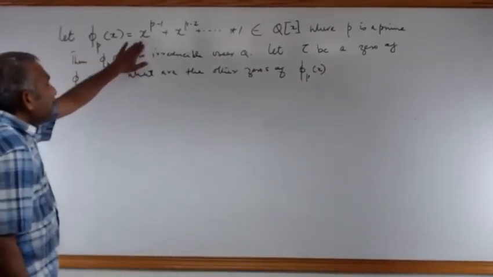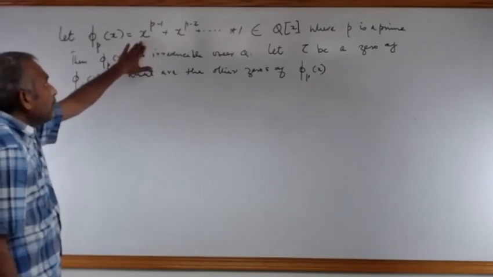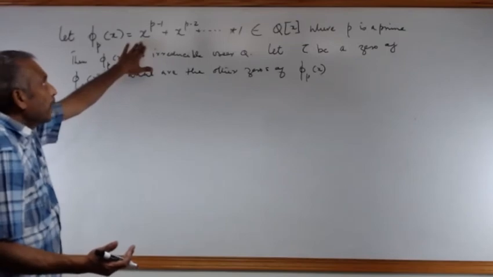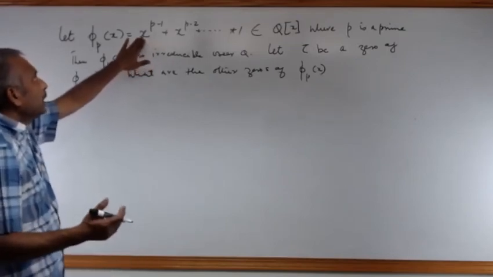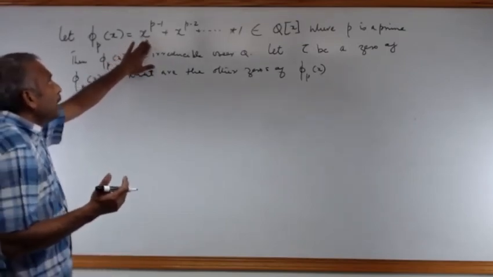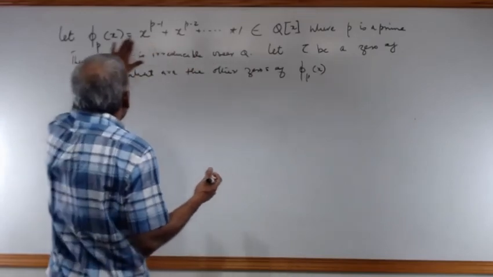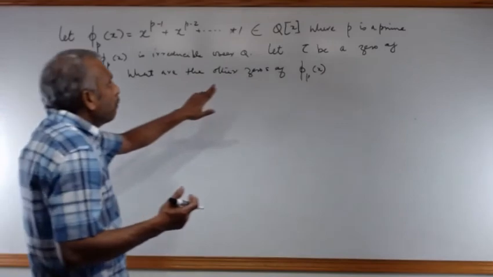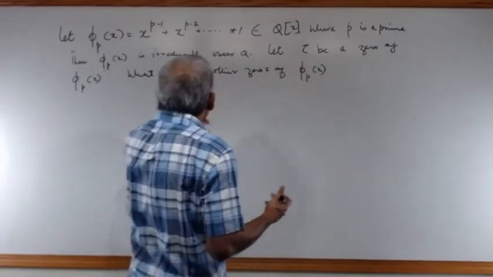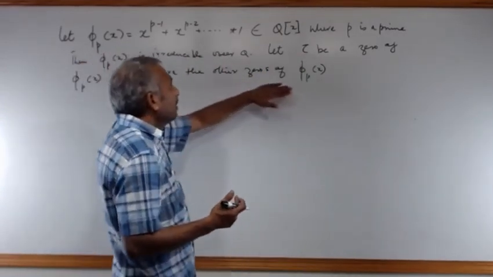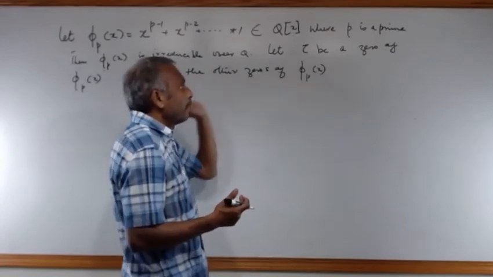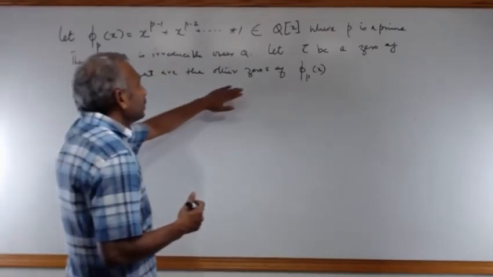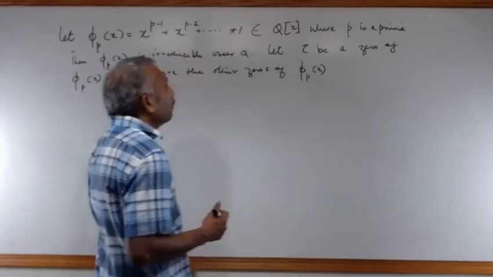There should be p minus 1 elements. Doesn't need to be distinct, and we are going to show that it's distinct. There are p minus 1 distinct zeros of Φp(x). If one of them is given, then what are the other zeros of Φp?